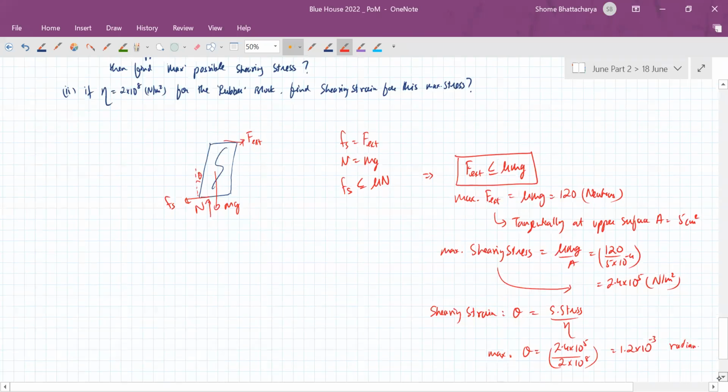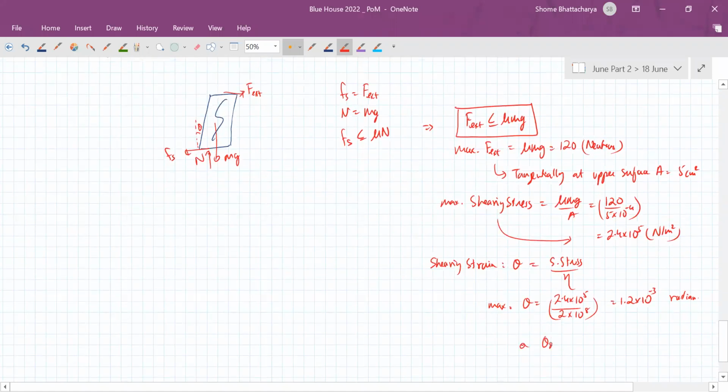So if you want to convert it to degrees, that will be approximately 0.068 degrees.